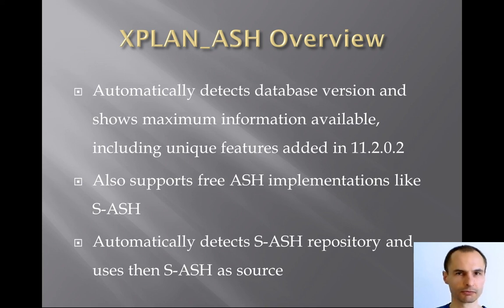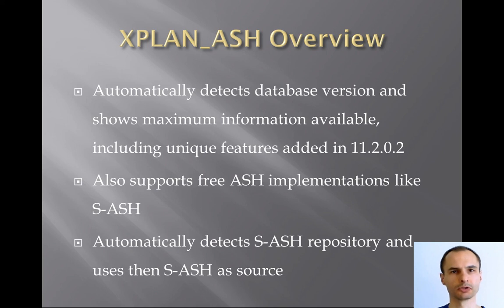I've also mentioned that from this version of Explain-Ash, the free active session history implementation Sash is supported. I've tested it with the latest release, this 2.3 version, I think. There are some minor modifications required to Sash in order to run with Explain-Ash, and I can provide the corresponding scripts. It's really just some minor issues, and they will be part of the next upcoming maintenance release.